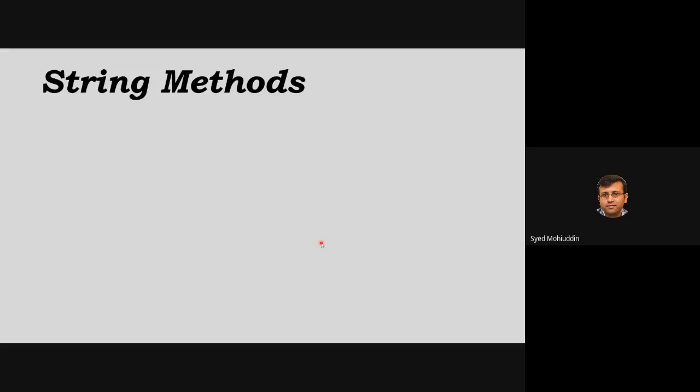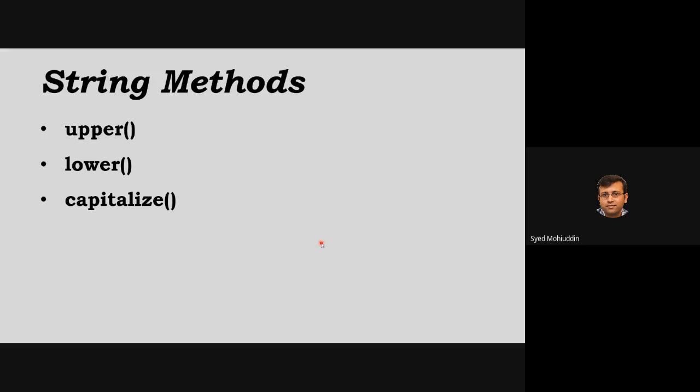Now there are several methods which are part of the string. If we have an object dot upper, it will convert the entire string into uppercase. In the same way, object dot lower will convert the entire string into lowercase.